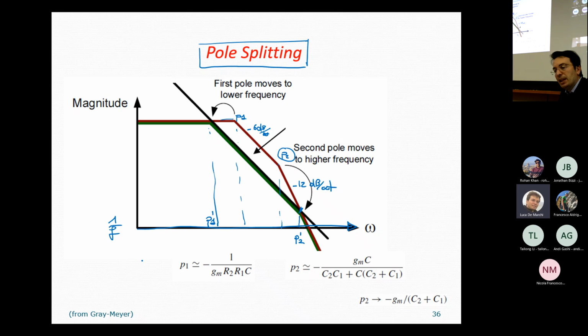So basically we experience the phase shift due to P1 prime before the one of P1. However, P2 prime is placed at much higher frequencies with respect to P2. Therefore, the phase shift induced by P2 occurs at higher frequencies.